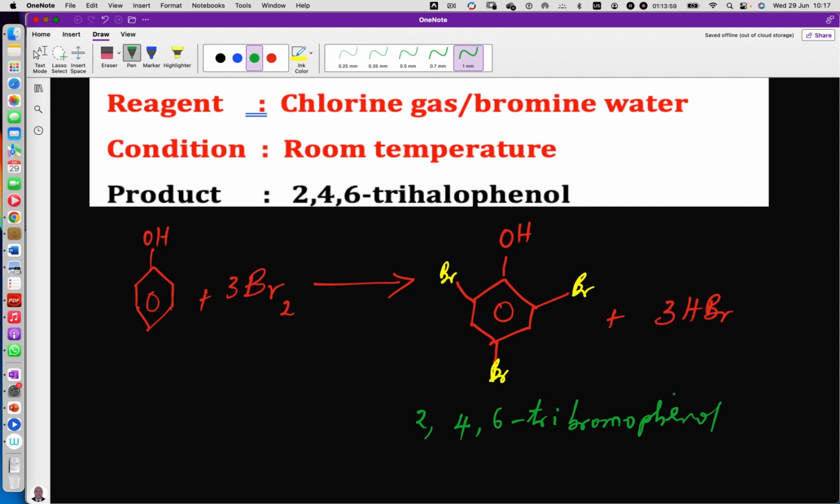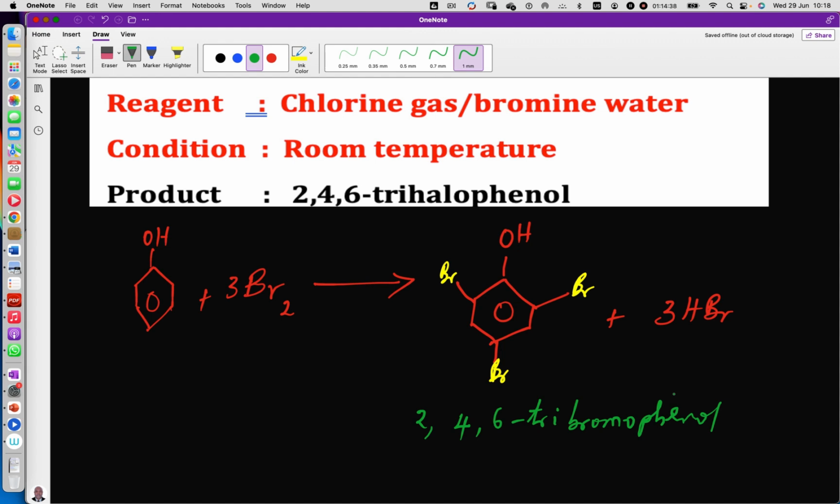There will also be a white precipitate that is formed, which is the 2, 4, 6 tribromophenol. There will also be steaming fumes of hydrogen bromide that will be observed.